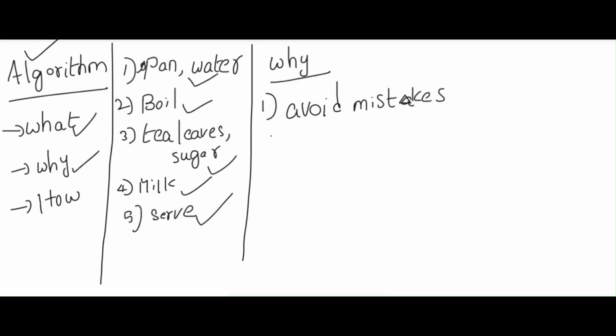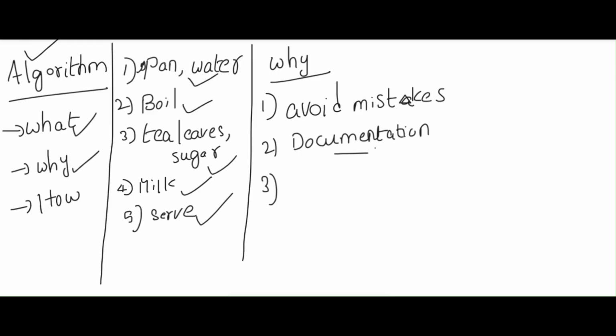And then the second purpose is you will have proper documentation of the program. What is the purpose of using this documentation? If you want to solve a problem, you will think of this logic. We'll see what is logic in the same video. You will think of this logic only once and simply document it.